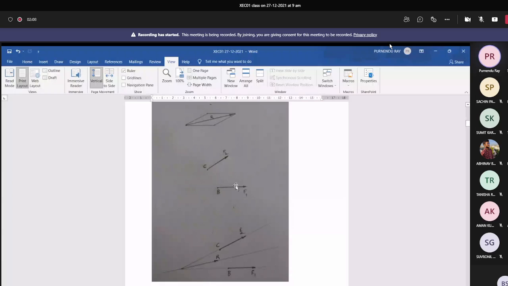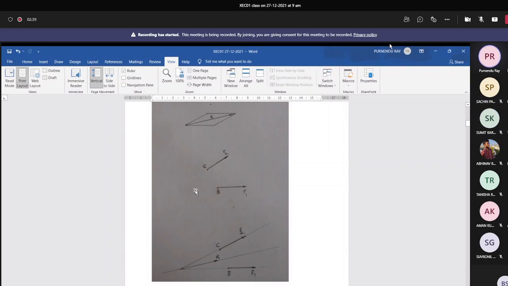Maybe those are F3 plus F4, and resolve this force F2, which is parallel to F1, in two components, F5 plus F6. So ultimately what is the F1 plus F2? It is F3 plus F4 plus F5 plus F6. So I'm not going to write all these things in detail. It's very easy to understand and visualize.